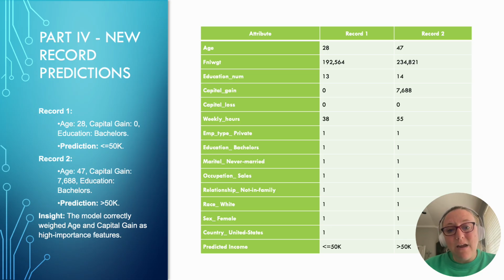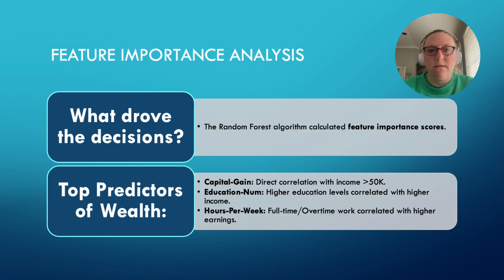On the other hand, record 2 represents an older individual with an age of 47 and significant capital gain of over $7,000. This model predicted an outcome greater than 50,000, which aligns with our feature importance analysis, which showed that capital gain and age were major drivers for the model's decisions.